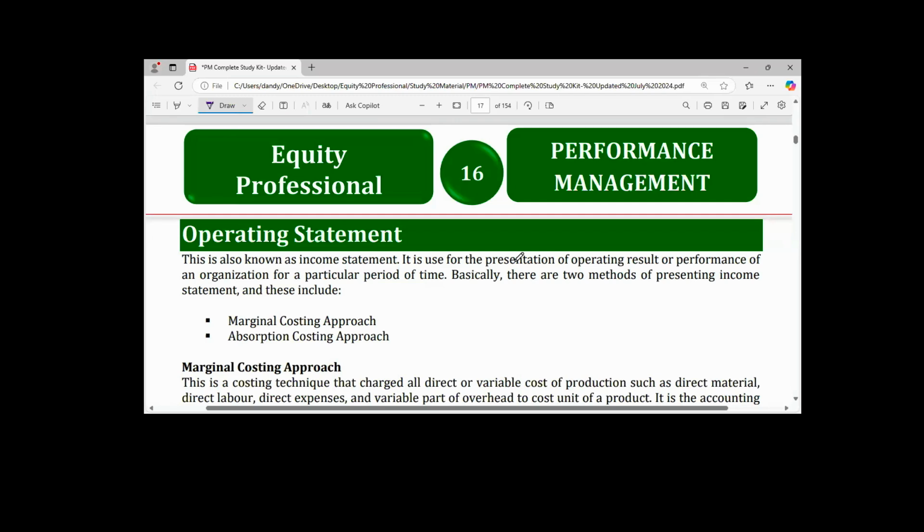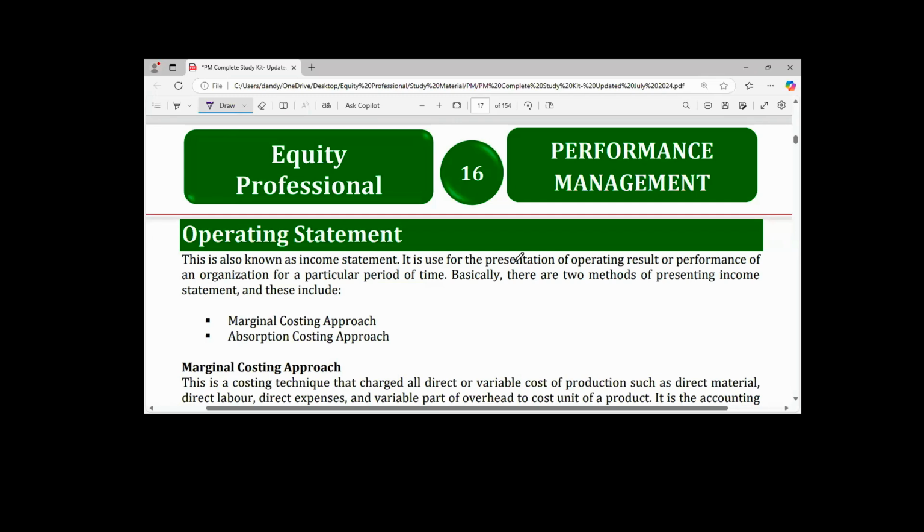So that was the introduction under absorption costing. And now we discussed the specific features you must consider when you are presenting your income statements using the absorption costing method.